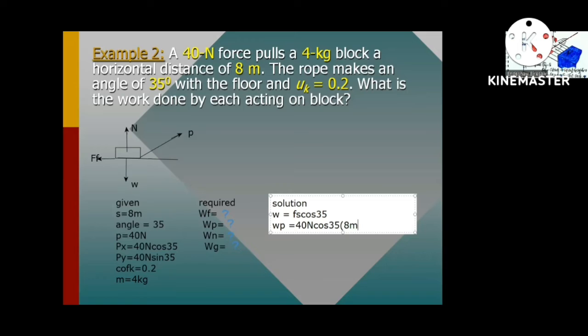This is equal to how much? 262 joules, I think.